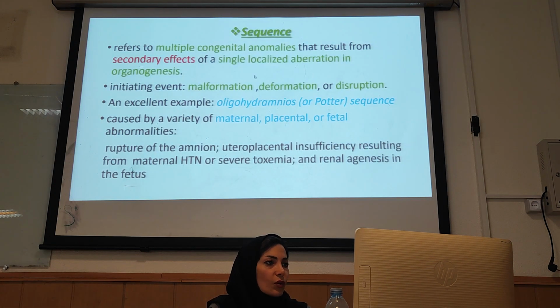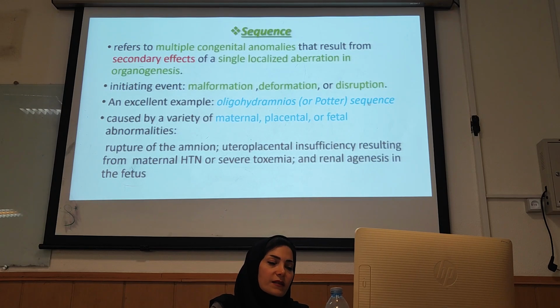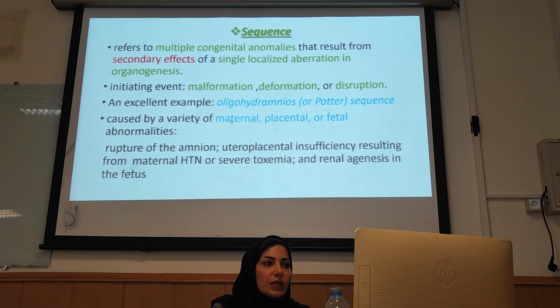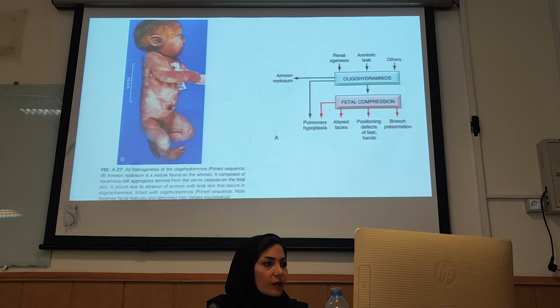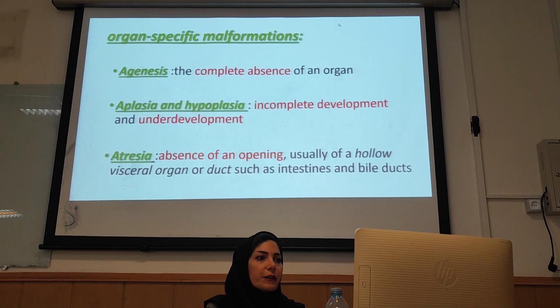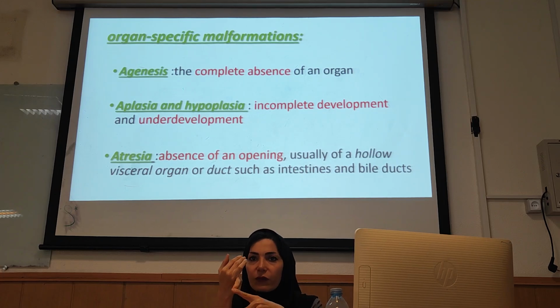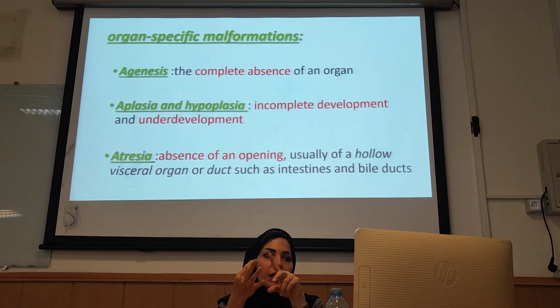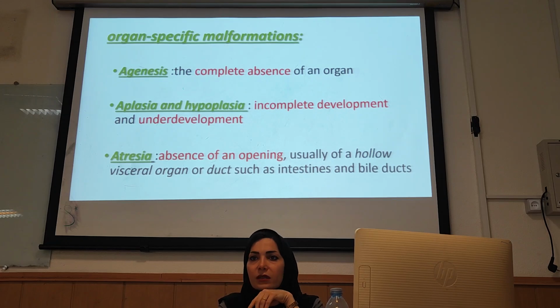So oligohydramnios or Potter is an excellent example for a sequence. Okay, all of them were congenital anomalies, including congenital malformation, disruption, deformation, and sequence. Okay, isn't there any question? No.